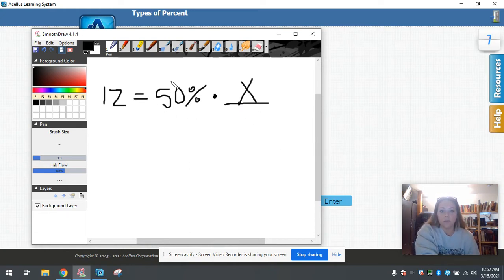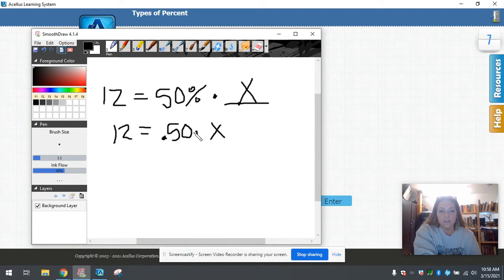Okay, I'm going to turn this percentage into a decimal. Remember, percents are out of 100. 0.50, that's in the hundredths place. Good to go. 12 equals 0.50 times x. That's what our problem says now.